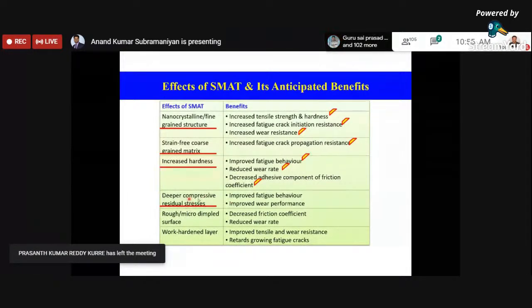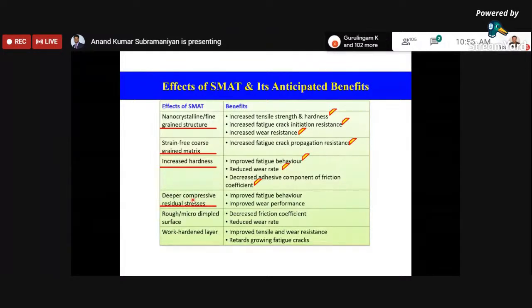It is going to generate a compressive residual stress because of a non-uniform plastic deformation which happens at the surface, and there is no deformation at the bulk, because of which this compressive residual stress develops, and due to which improved fatigue behavior can be obtained.